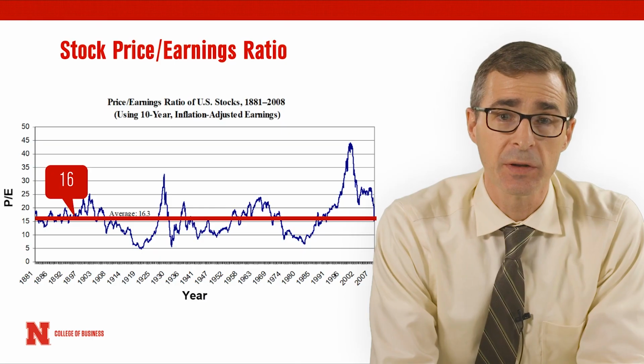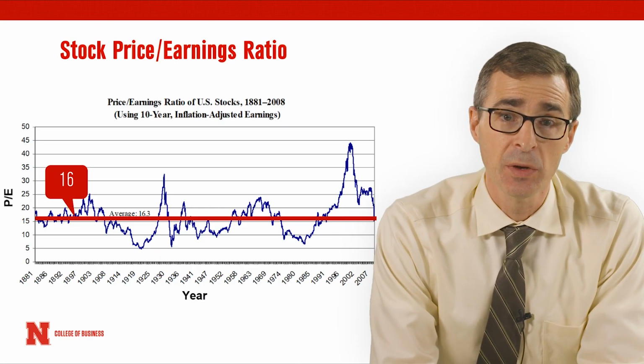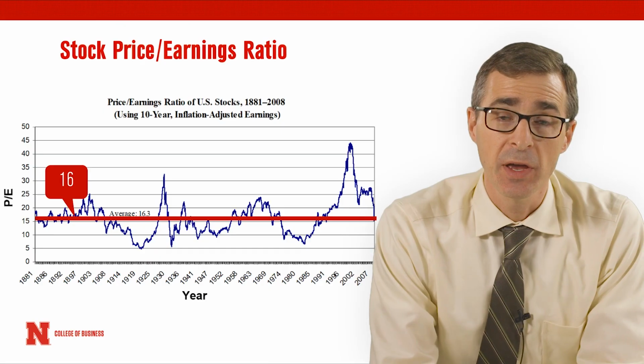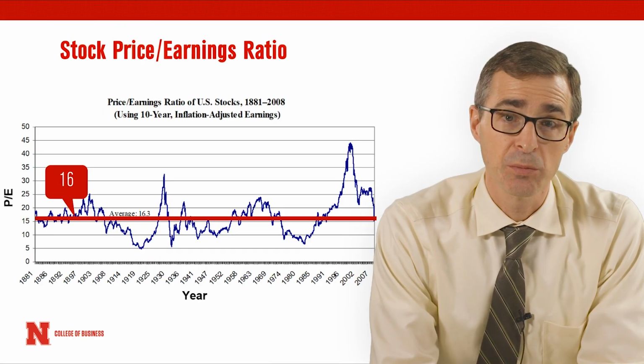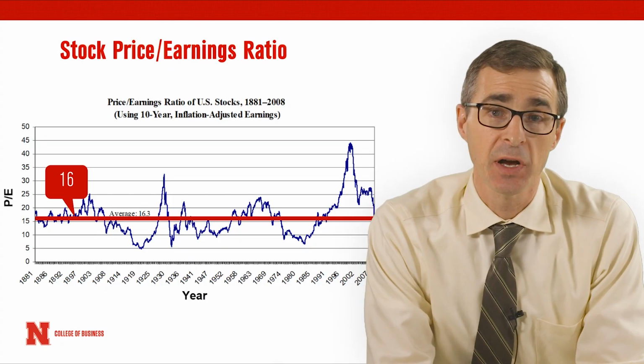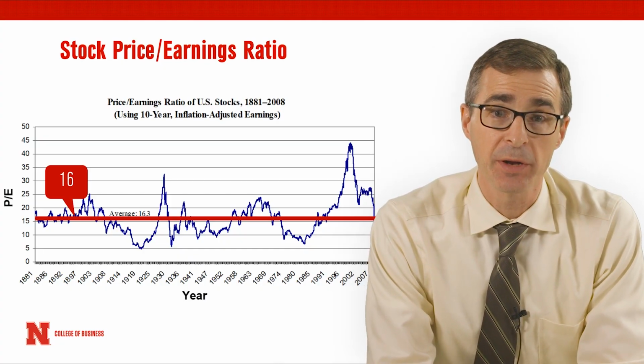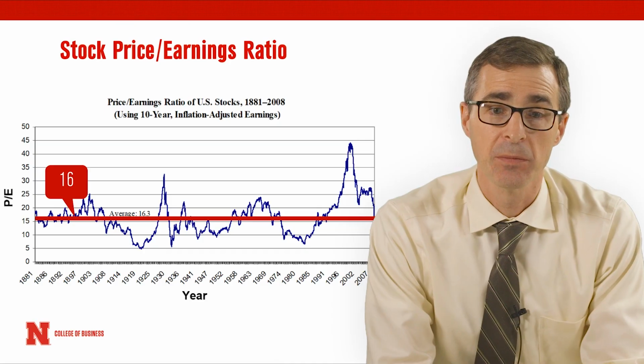So if you're interested in doing a little bit more digging, I'd encourage you to look into Robert Shiller's 10-year trailing earnings price-to-earnings ratio. It's one of the best measures of the relative position and the relative valuation of the stock market at any point in time.